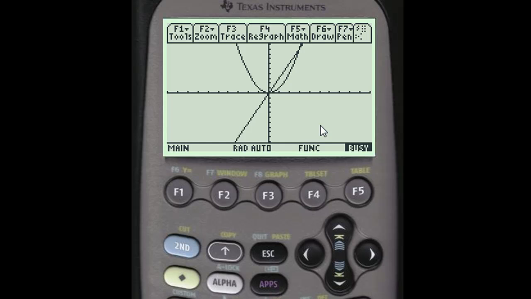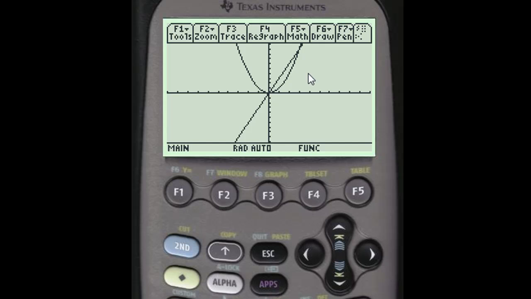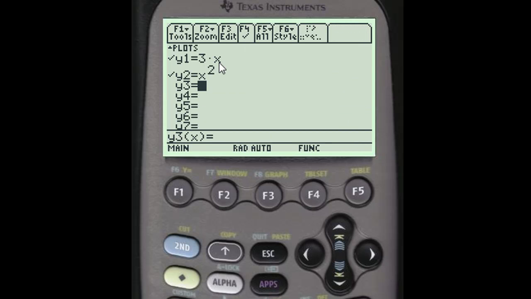In algebra, perhaps you're used to doing this so you can get an idea where two functions intersect. You could use the F5 intersection function, but when there's more than one, that could be pretty tedious to do. So actually what you can do is you have your functions already in the y = screen. Just know which ones you want. In this case, we have y1 and y2.